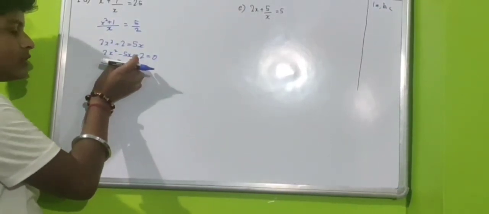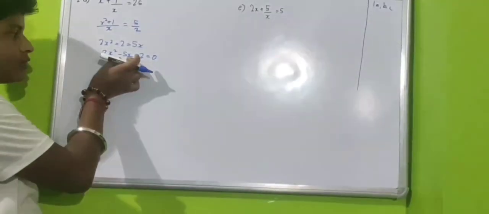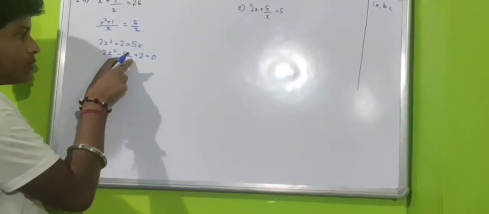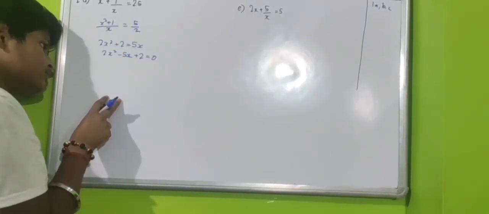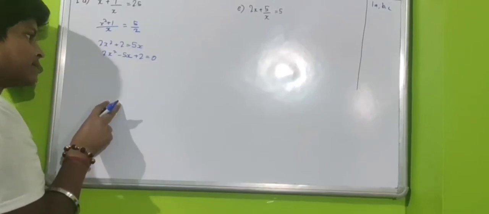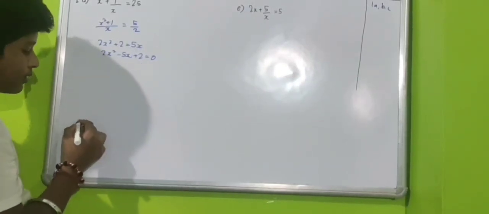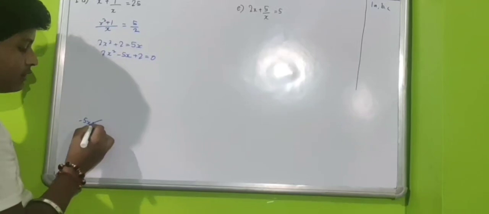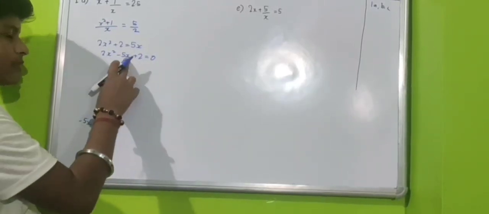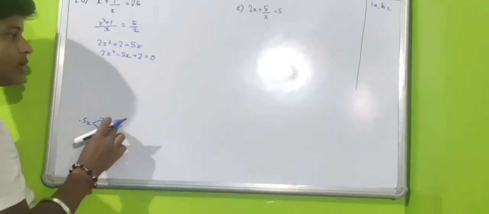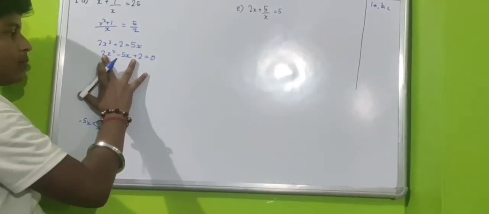Now divide minus 5x in such a way that their sum will be equal to minus 5x and their product will be equal to the product of these two.